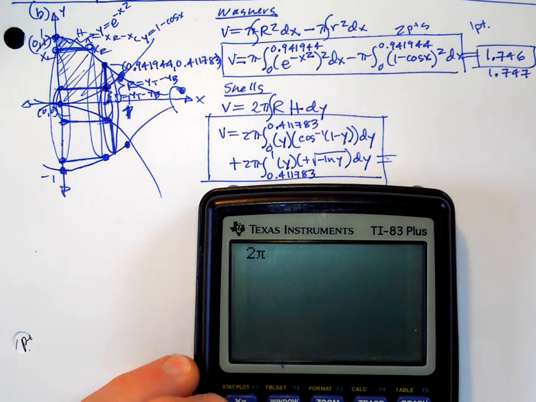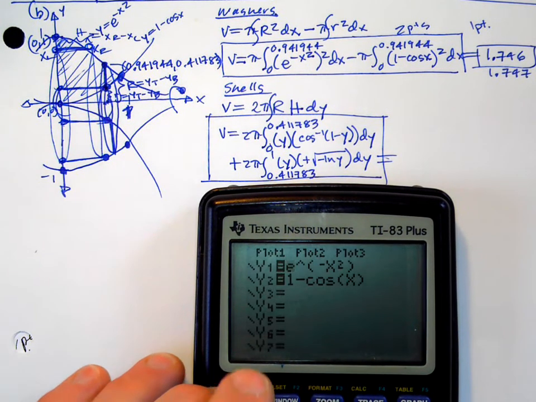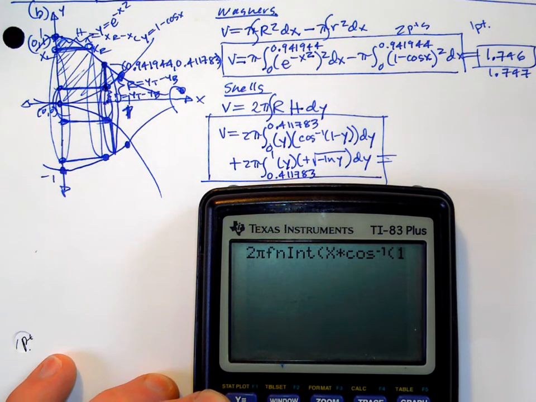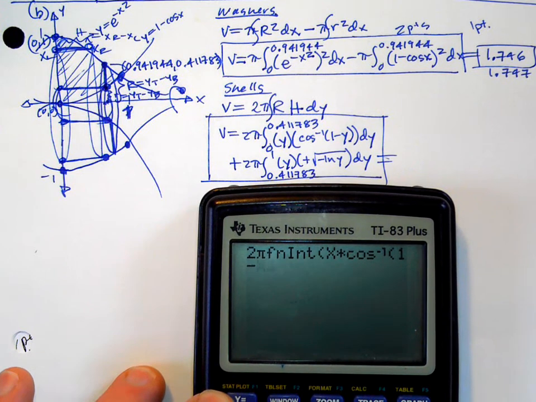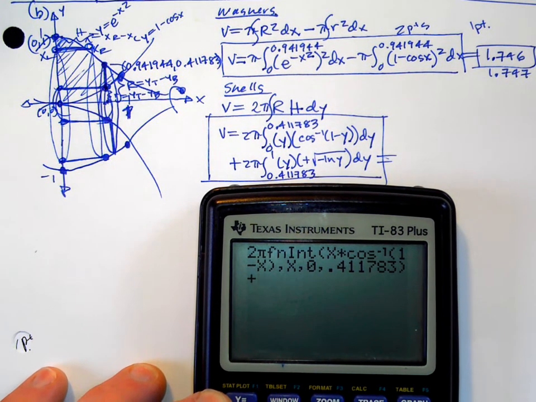2 pi math 9 x times inverse cosine of 1 minus x, close those parentheses, comma x, comma 0, comma 0.411783, close, plus 2 pi math 9.